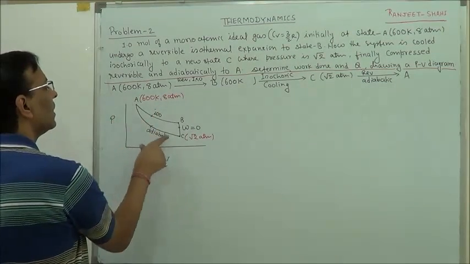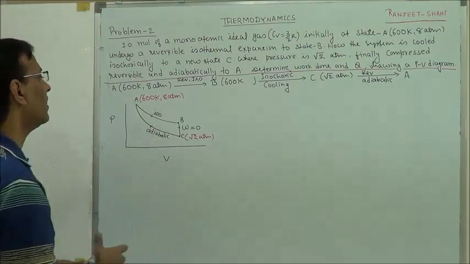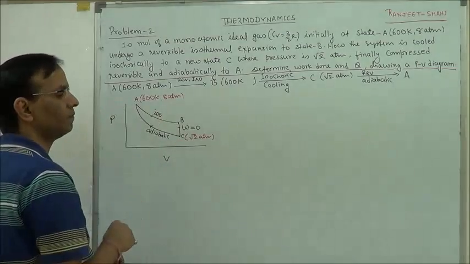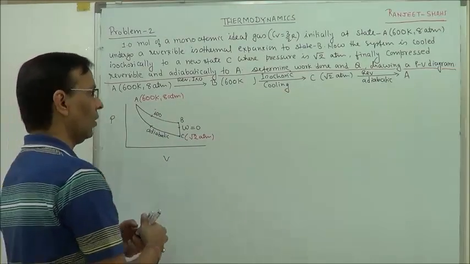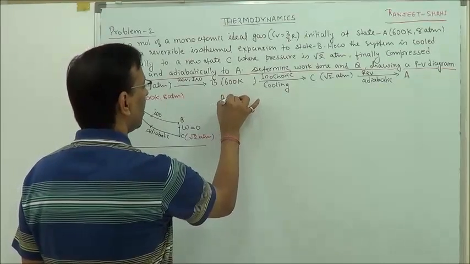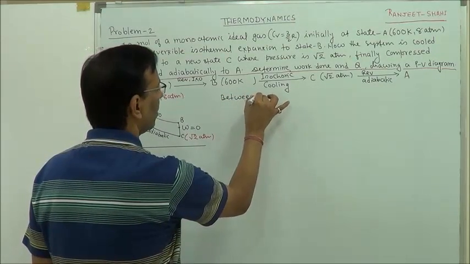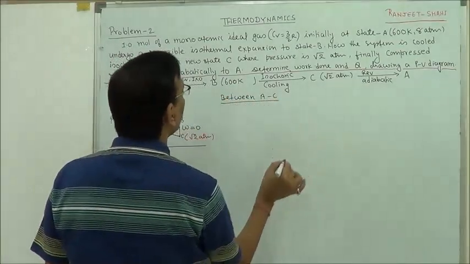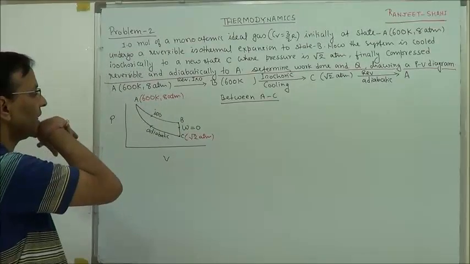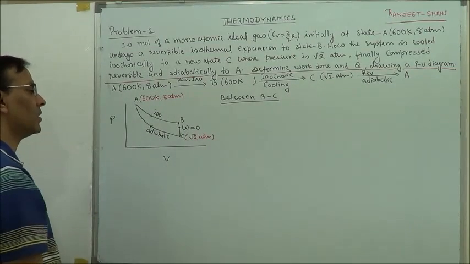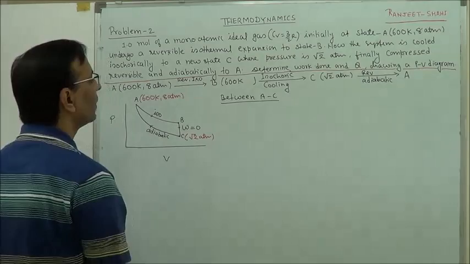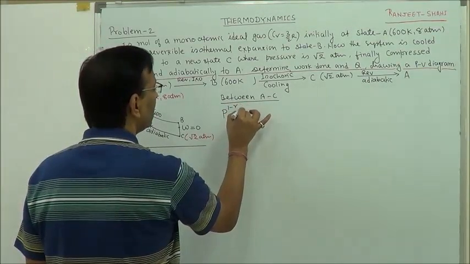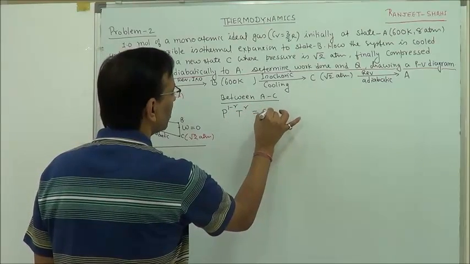If we connect the points A and C adiabatically, we can find out the temperature at C. Between A and C, we apply the relationship between pressure and temperature for a reversible adiabatic process, what we have seen: P raised to the power 1 minus gamma, T raised to the power gamma is constant.